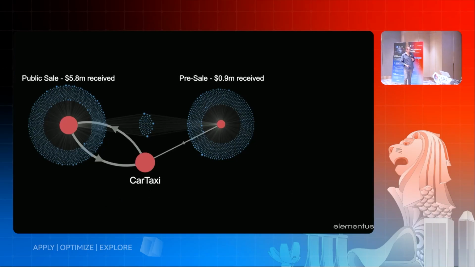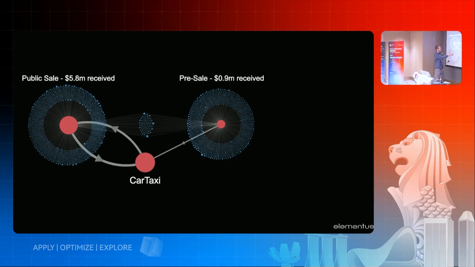And as you can see here, the 2 red dots with all the blue around it are the smart contract wallets. And this wallet right here is the Car Taxi Ethereum wallet. First of all, we know that this smart contract address is the Car Taxi ICO because Car Taxi announced it on Twitter.